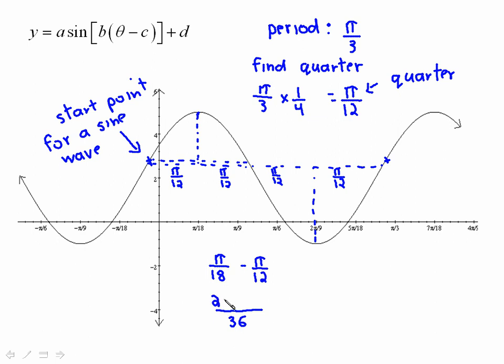So this becomes 2 pi over 36. So all I'm doing is I multiply top and bottom by 2, and I multiply top and bottom by 3, and I get this. So 2 pi minus 3 pi is negative pi over 36. So that tells me that that starting point there is actually negative pi over 36.